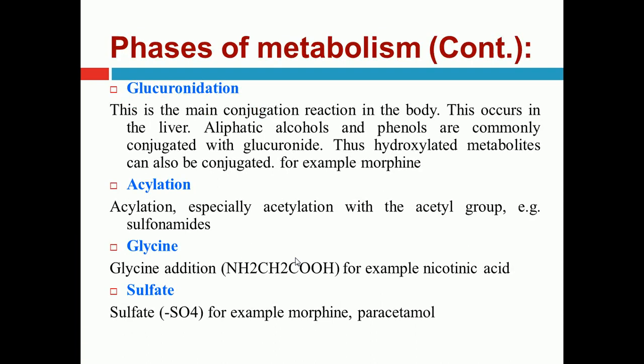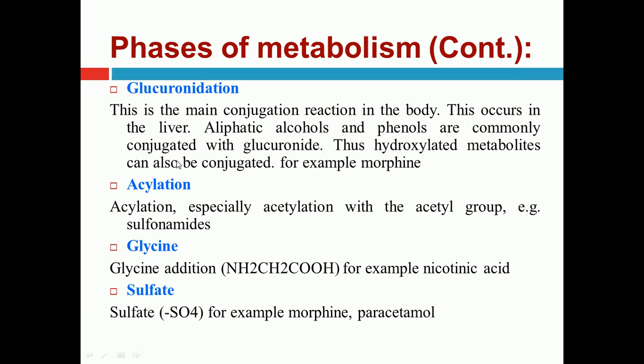If we see glucuronidation, glucuronic acid, in biochemistry you might have studied that glucuronic acid is present in the body, and the main conjugation reactions in the body occur through the conjugation of glucuronic acid with the drugs. And what type of drugs are there?